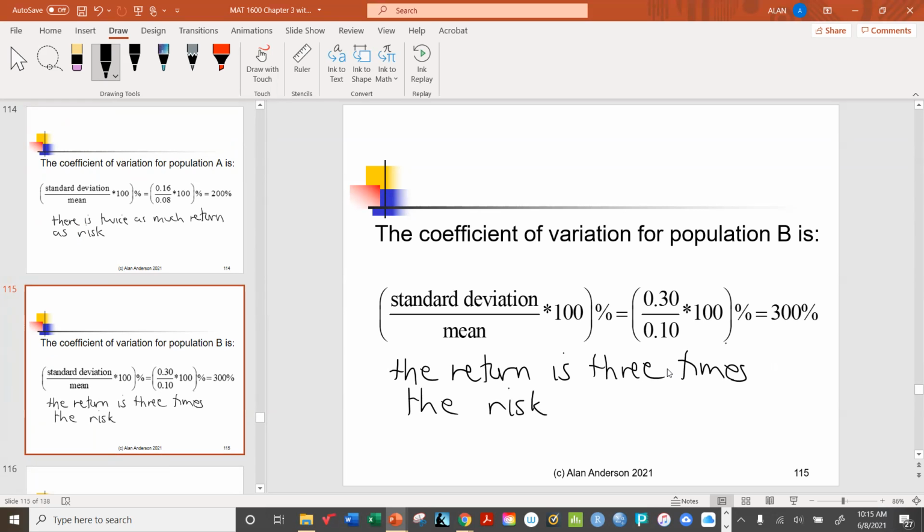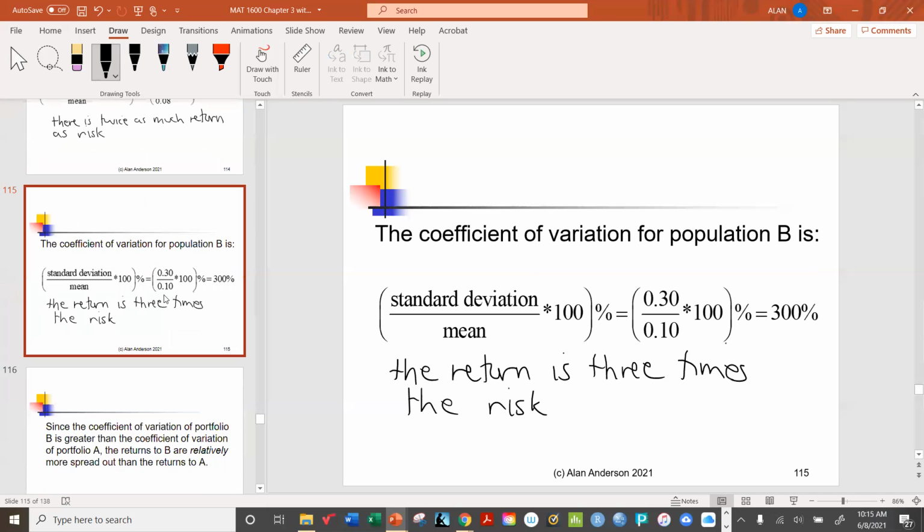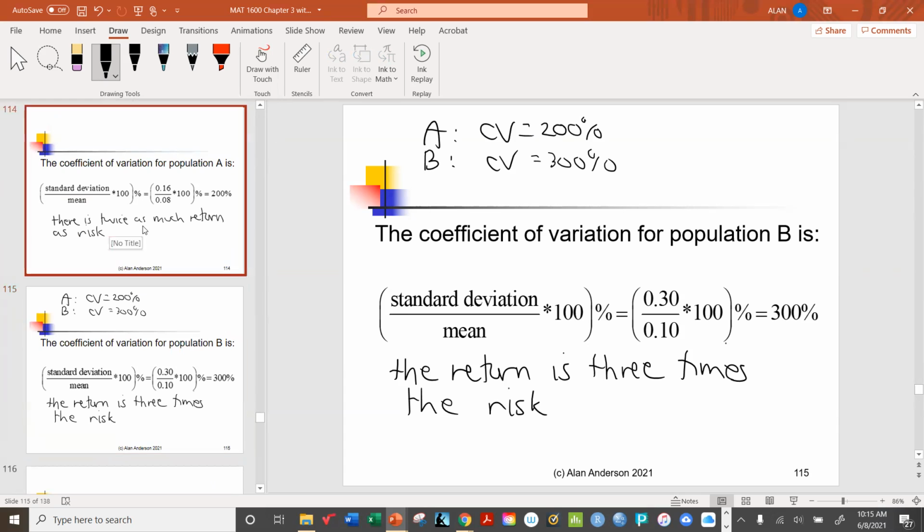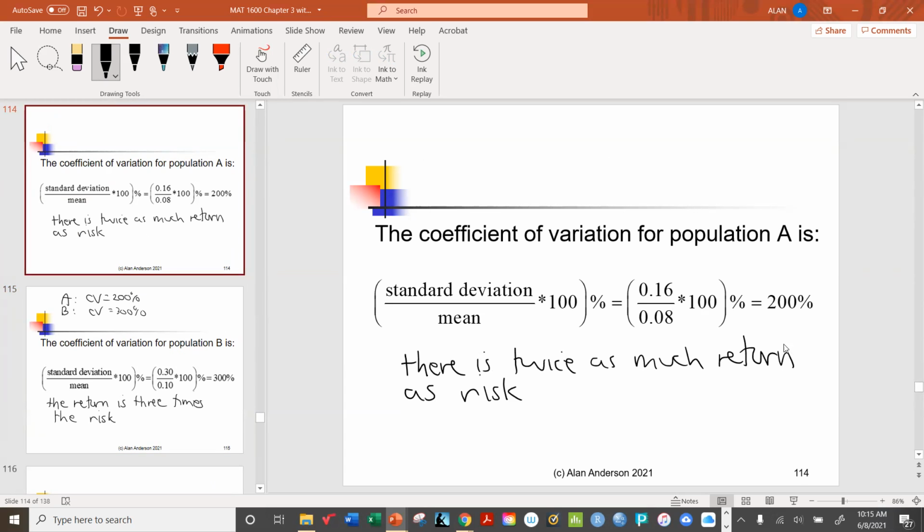Now, between the two of them, if we want to summarize these, A's coefficient of variation is 200%. For B, it's 300%. So because this measure represents the risk to return, oh, you know what I just realized? Oops. I'm sorry. I wrote this backwards, didn't I? Yes. Sorry.